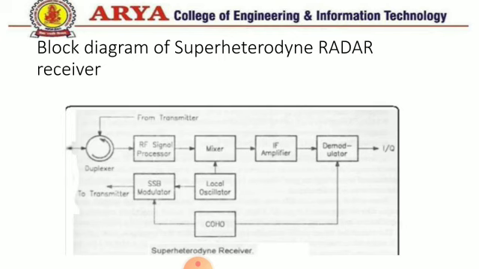That is provided by the local oscillator and the coherent oscillator. The output of the SSB modulator is further applied to the transmitter. So this is how the superheterodyne block diagram works in a radar receiver. The superheterodyne receiver fulfills all the requirements of the application. Therefore, it is the most commonly used type of receiver in radar systems.